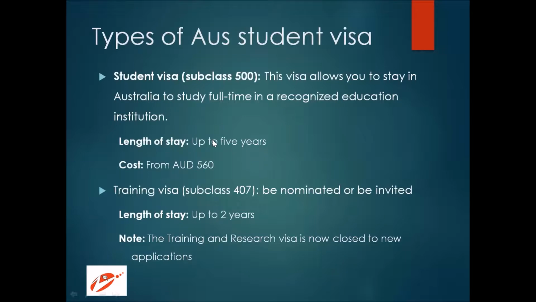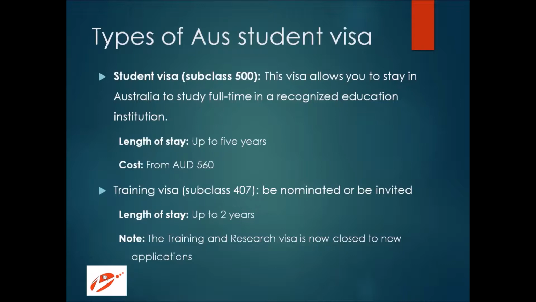The different types of student visas available in Australia begin with the student visa subclass 500. This is like a normal visa that you get for a duration of 5 years, and the cost begins from Australian dollar 560. It allows you to stay and study in a full-time course in a recognized education institution, like a full-time college degree.